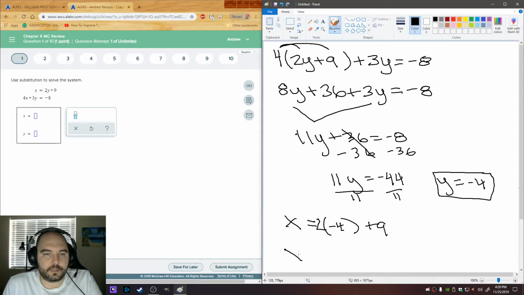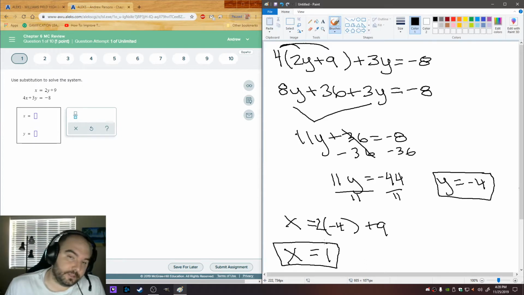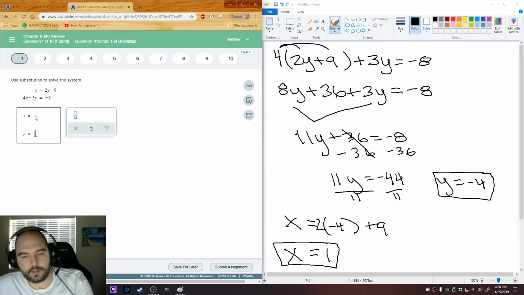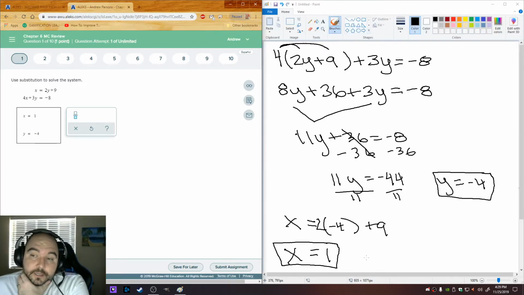That means x equals, you get a calculator out, it's fine, -8 plus 9, which is 1. So go back in and plug it in. You're going to be doing a lot of plugging it back in on all these problems. So 1, comma, -4.